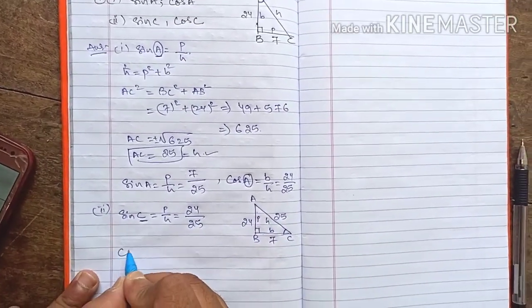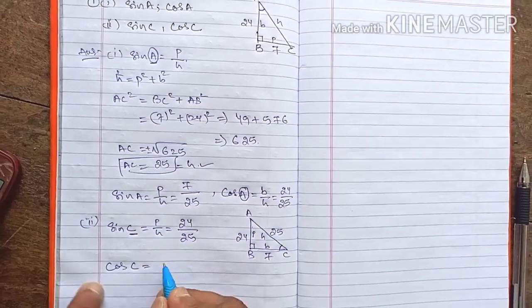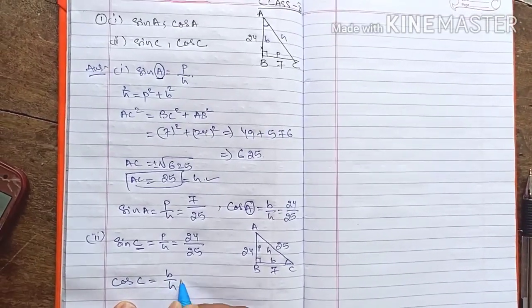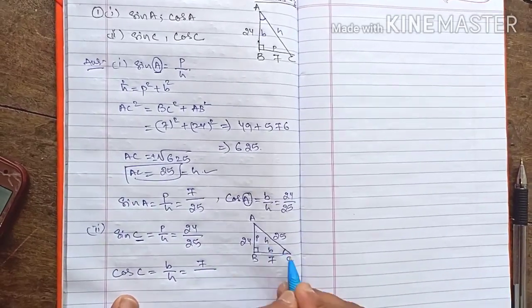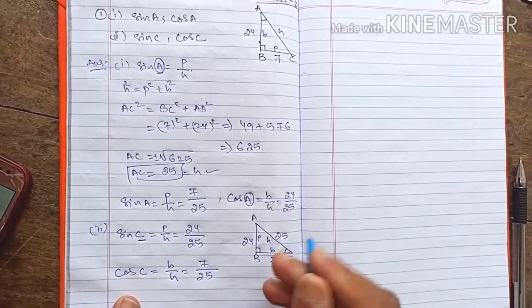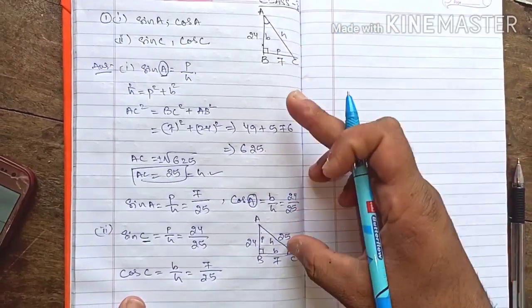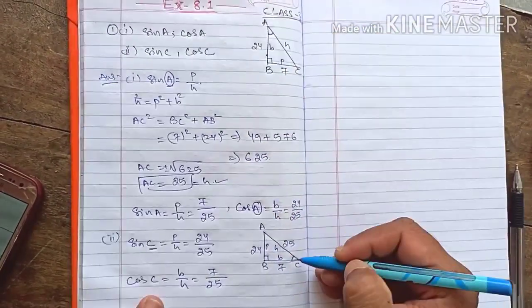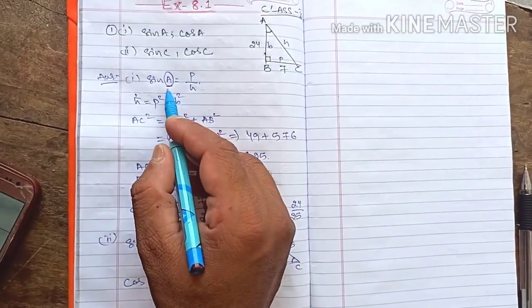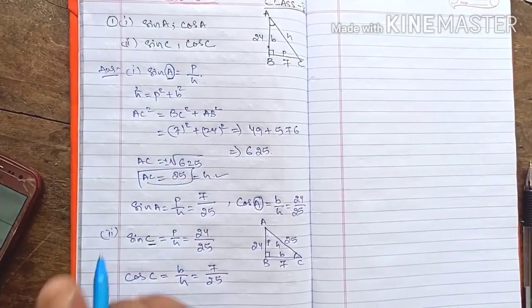Same for cos C. Cos C, formula is B by H. B is 7, H is 25. So you can understand that these are two different diagrams just for the angles. Because here it was given sin A and here it is given sin C.